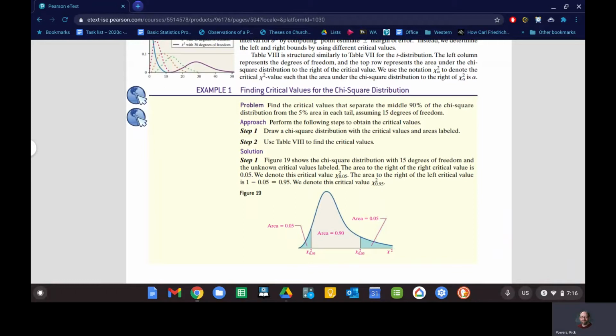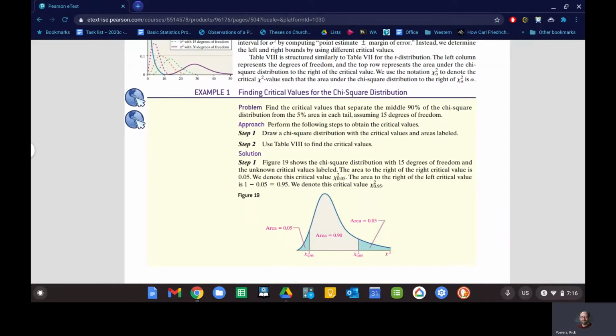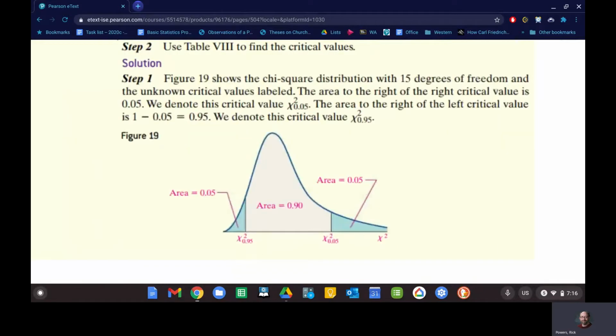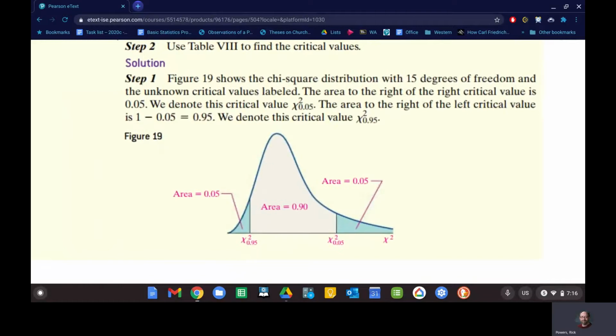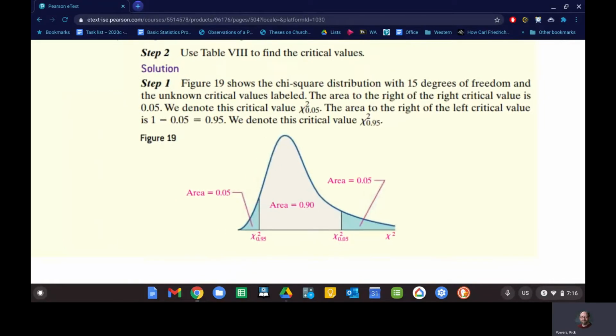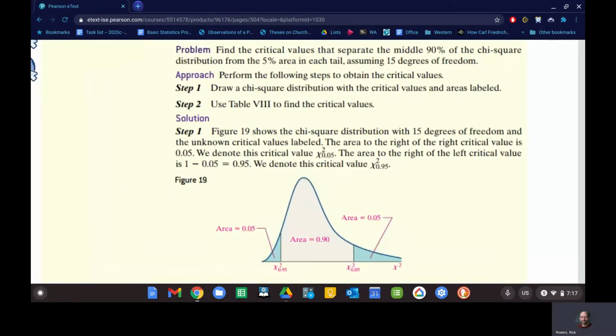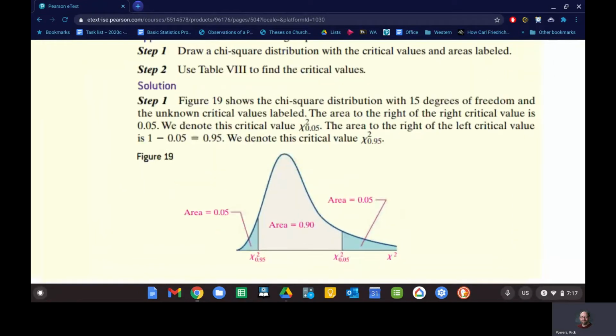As you can see here, if we're doing a confidence interval, we don't just want areas to the right. We want areas on both ends. So if we wanted, for example, a 90% confidence interval, we would want 90% of the area in the middle and 5% on each side.